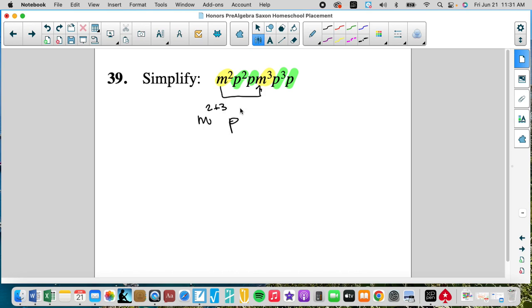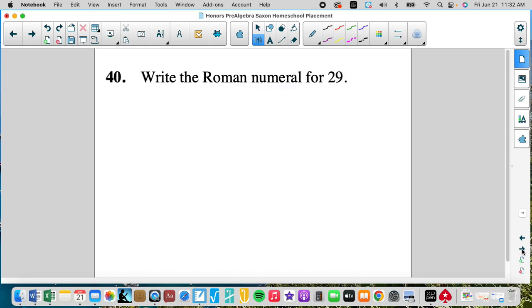And then we have p to the second plus 1 plus 3 plus 1. So that's m to the fifth, p to the 3, 6, 7. And this is in standard form, we're always going to be alphabetical. M is going to come before P. So when we write our terms, when they're being multiplied, we're going to put them in alphabetical order.